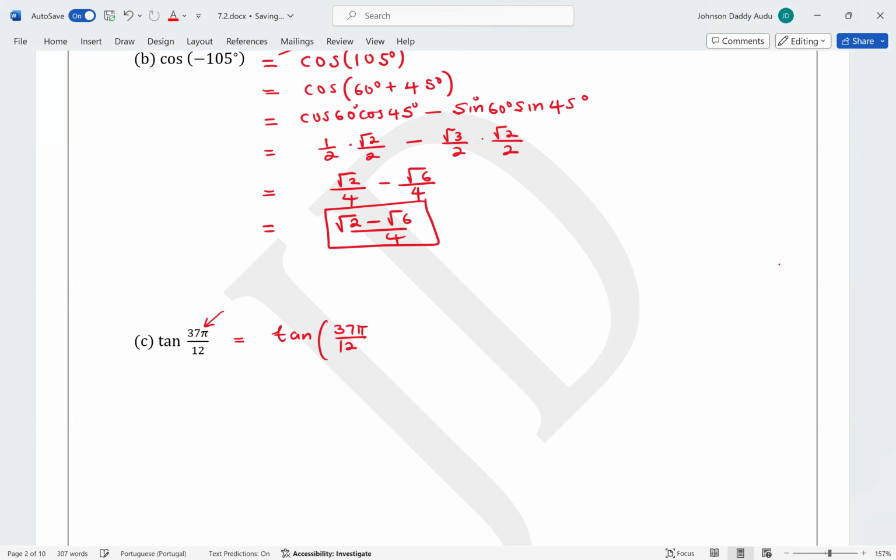We know 37 divided by 12 is more than 2, so we have to remove 2 pi. This is simply coterminal. So this is just going to be tan of 37 pi minus 24 pi over 12.